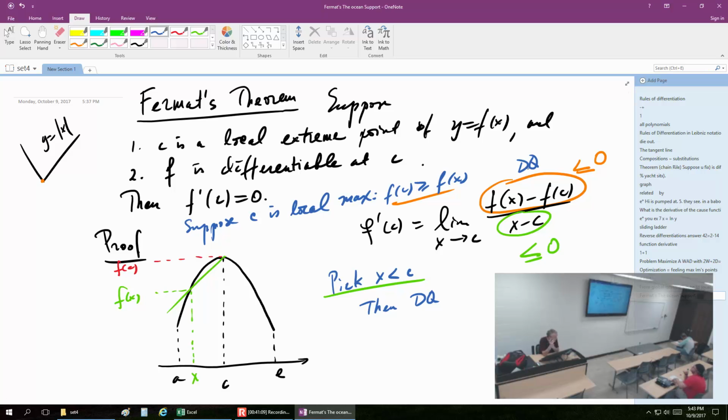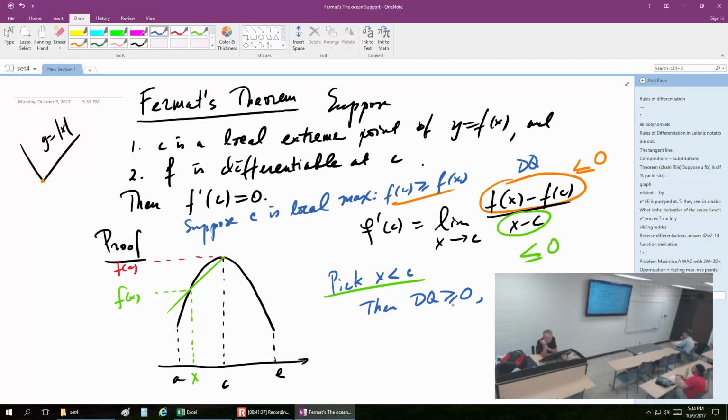So what's happening to the whole fraction? It will be either positive or 0. That's right. Negative divided by negative gives us positive, or 0 possibly. Then we take the limit of that. We take the limit of a difference quotient, which is actually a function of x.